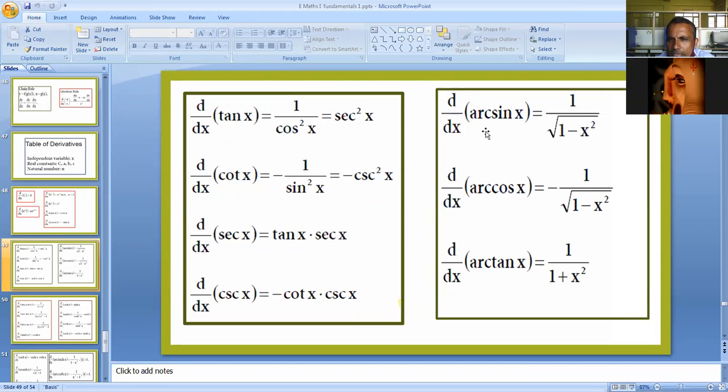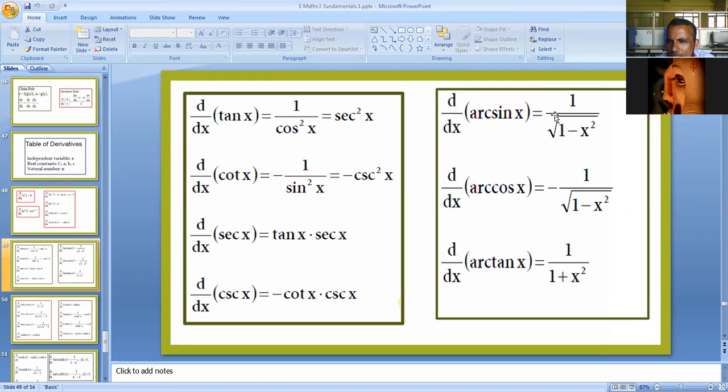आता इथं बघा, d by dx of arc sin x means what? Sin inverse of x. It is 1 upon root of 1 minus x square. The result of cos inverse of x is same as that of sin inverse of x in differential, but there will be negative sign. First letter काय आलं रे? c. म्हणजेच cos inverse of x काय मिळतो?